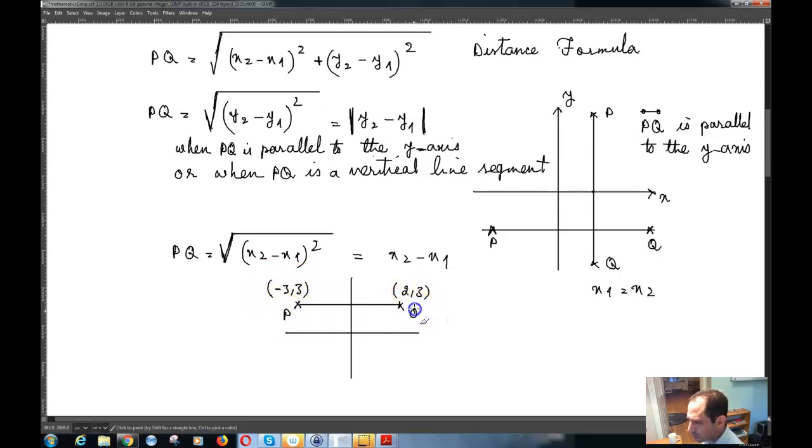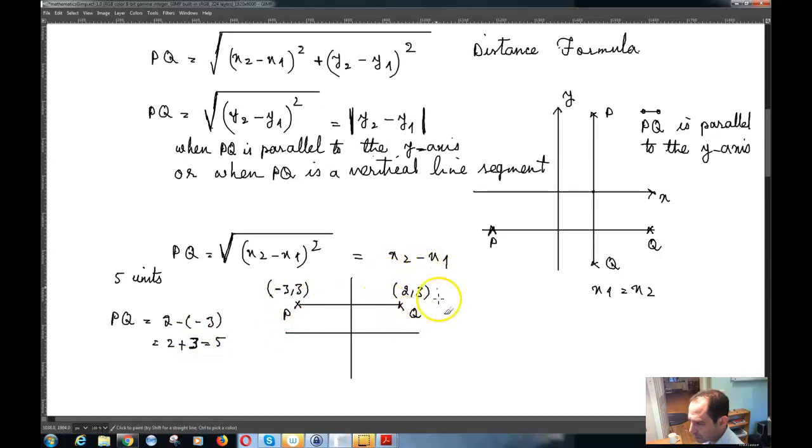Let's call this P and this Q. The distance between P and Q is, of course, 5 units, since your x is negative 3 here and 2 here. Based on the formula, if I take this as x1 and this as x2, then x2 minus x1 is 2 minus negative 3, which is 2 plus 3, which is equal to 5. There you have no problems.